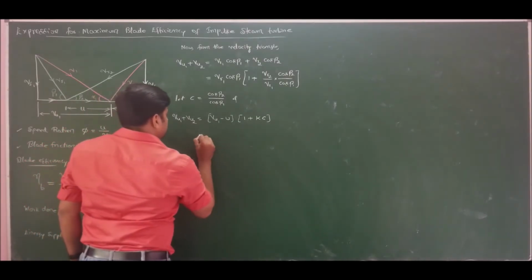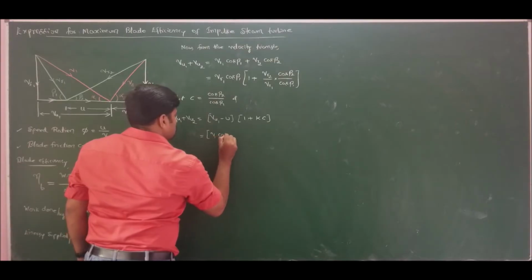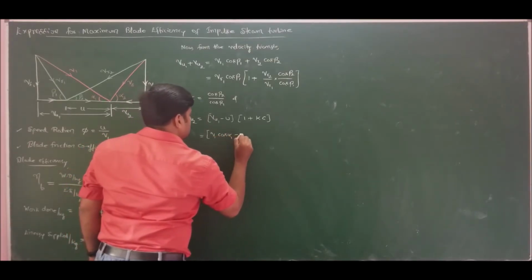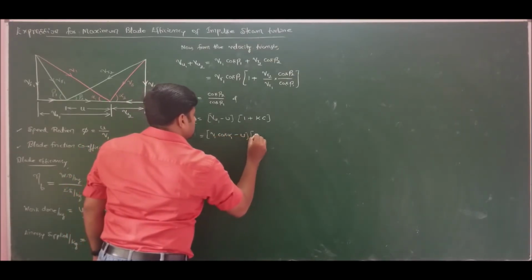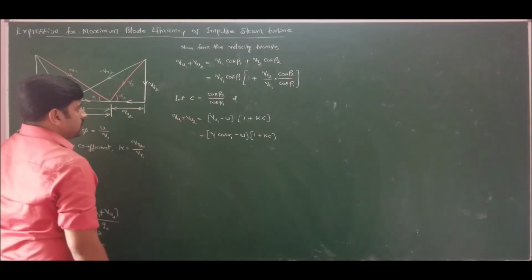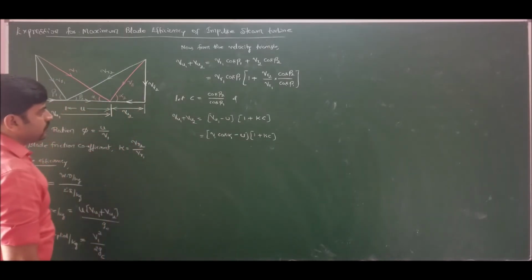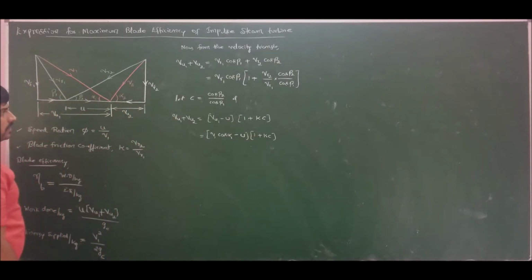Now VU1 can be written as V1 cos alpha 1, so V1 cos alpha 1 minus U into 1 plus K into C. So now if you observe, I have expressed work done per kg in terms of V1, U and alpha 1. The denominator already has V1, so no need to alter the denominator.